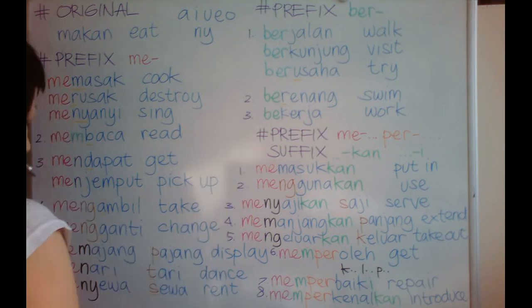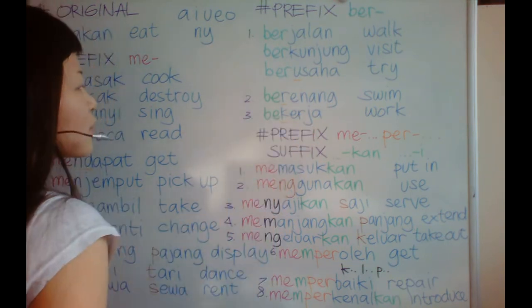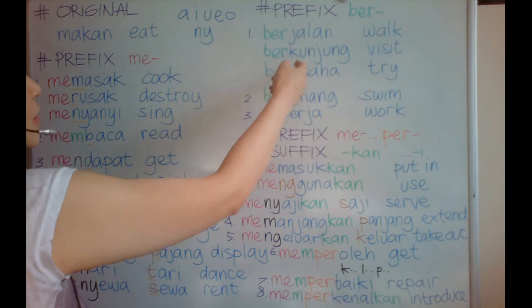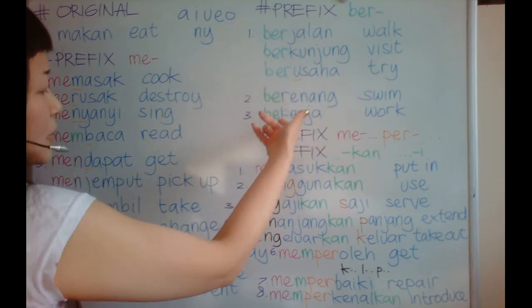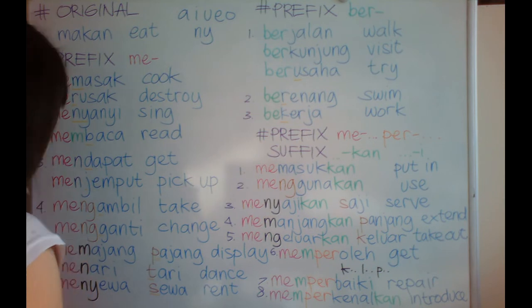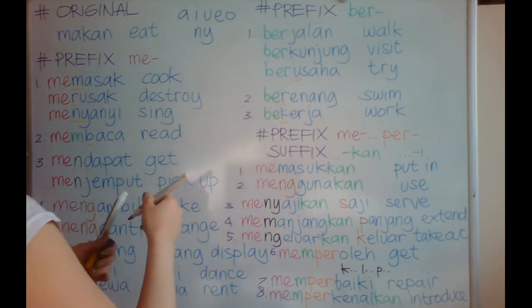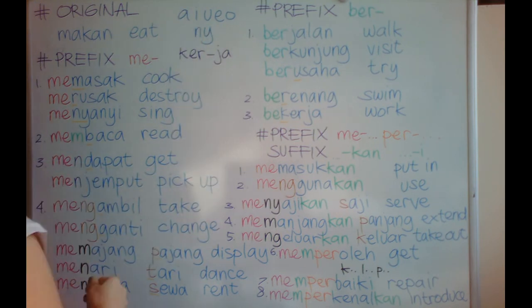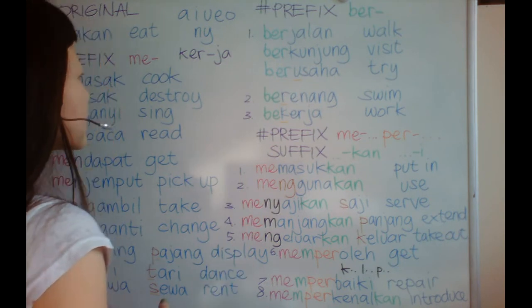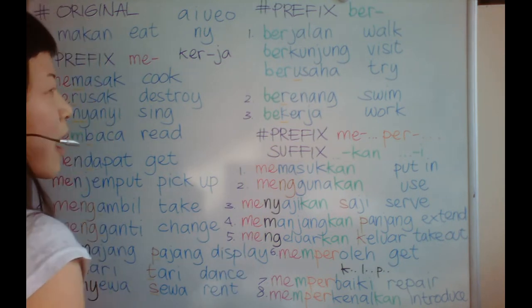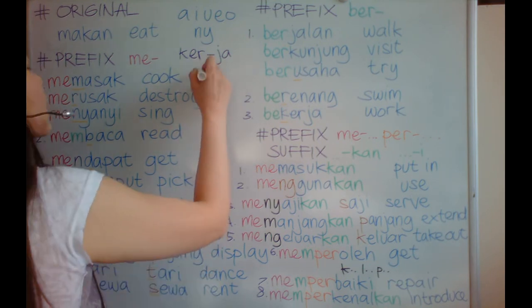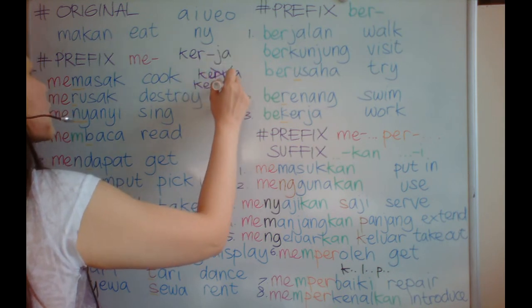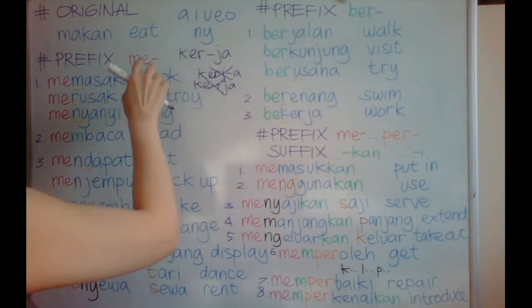And then number 3, it started with K, right? With the consonant K. But why does it become be instead of ber? Here is ber, but why here is be? Because in the Indonesian language, it's like how you pronounce it. It's not kerja, it's kerja.